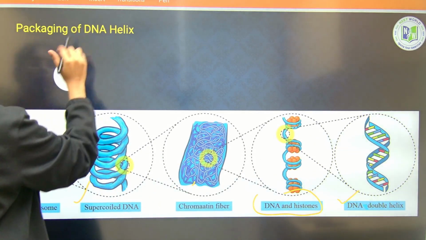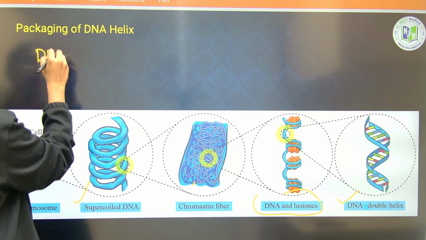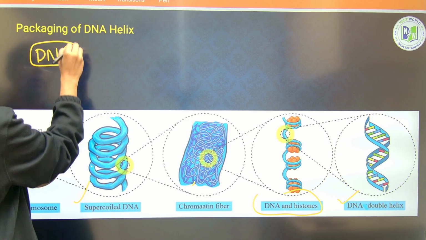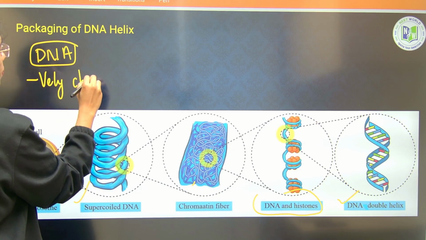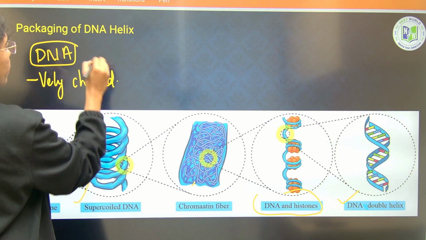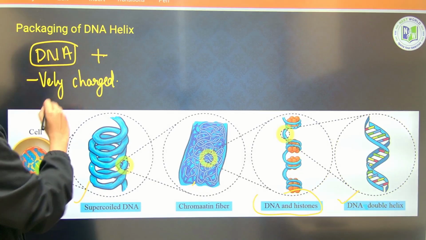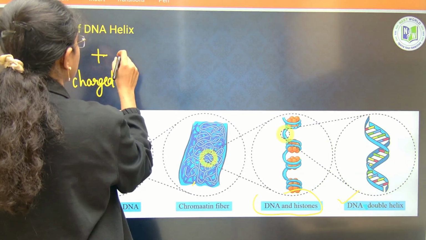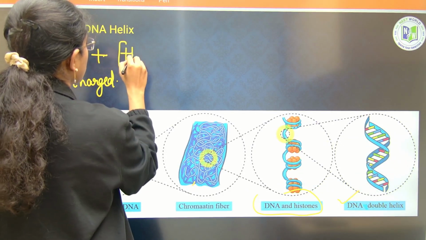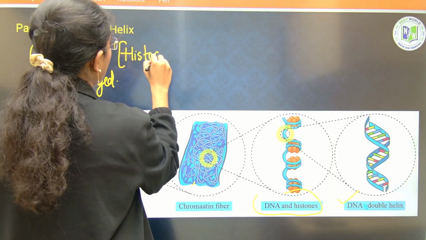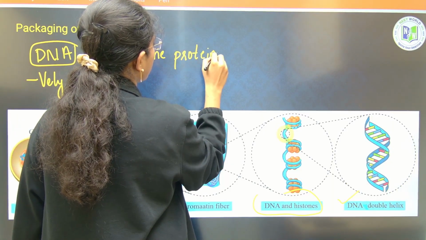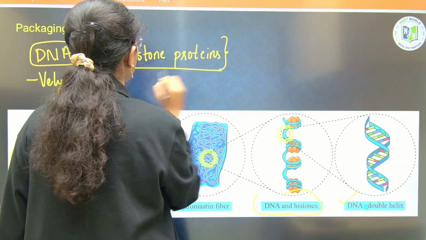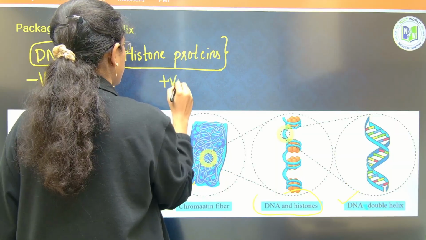You see, first DNA, which is negatively charged, is wrapped around positively charged histone proteins. Wrapped around histone proteins. These histone proteins are positively charged.